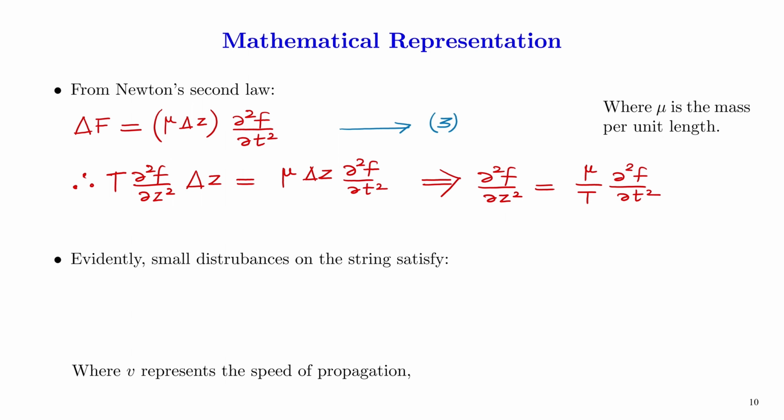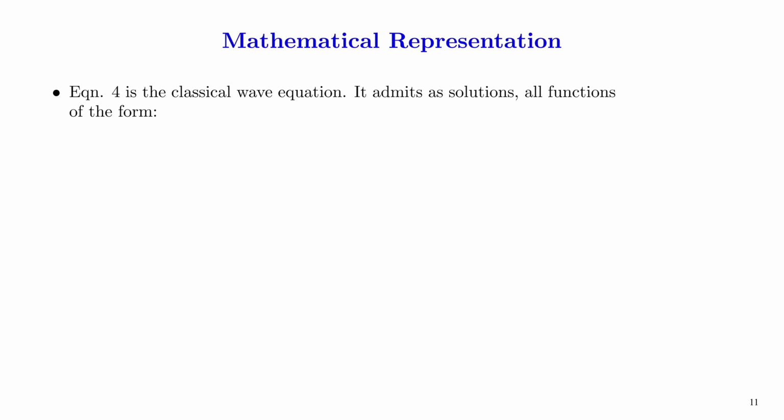Evidently, small disturbances on the string satisfy the equation ∂²f/∂z² equal to 1 by v squared times ∂²f/∂t². Here v represents the speed of propagation. We'll take this as equation number 4. Equation 4 is the classical wave equation.